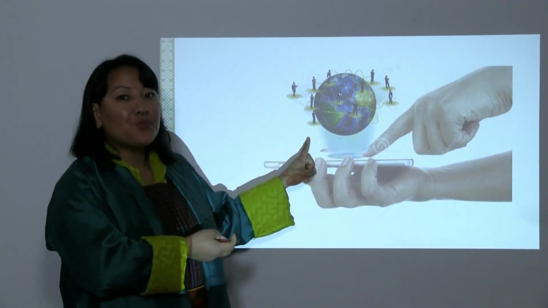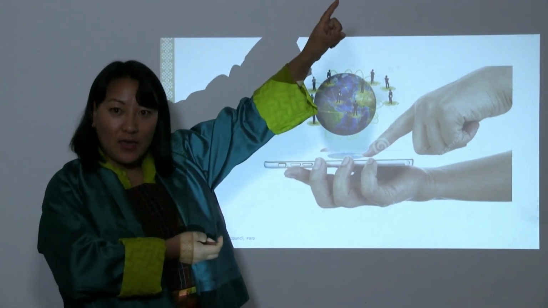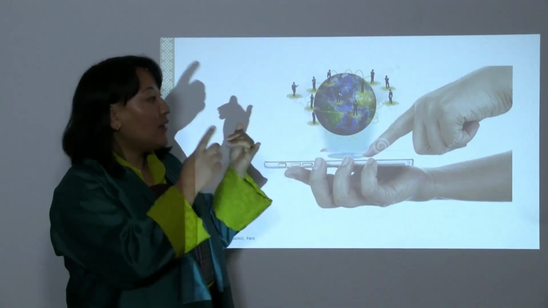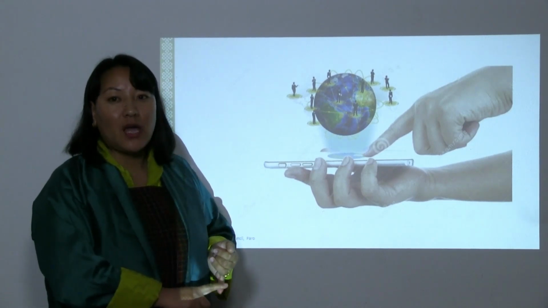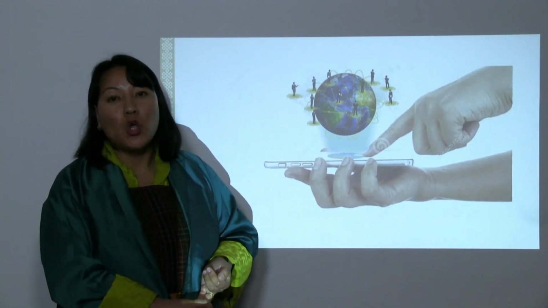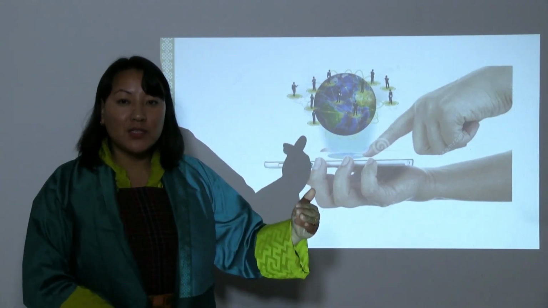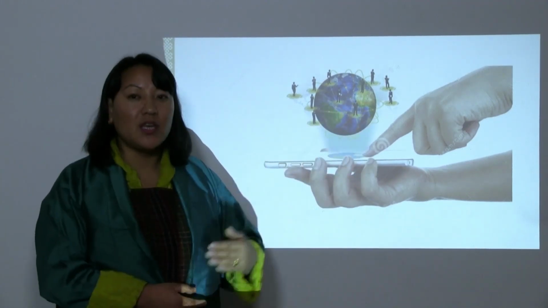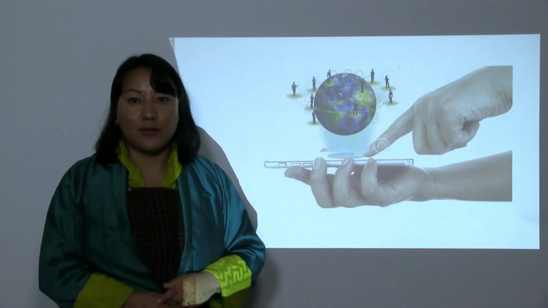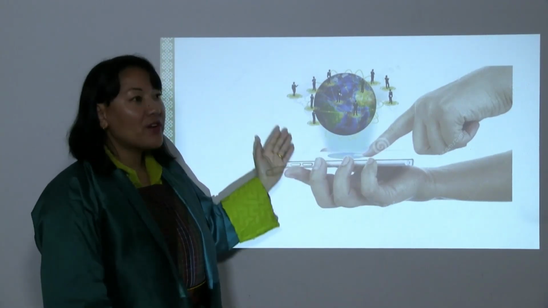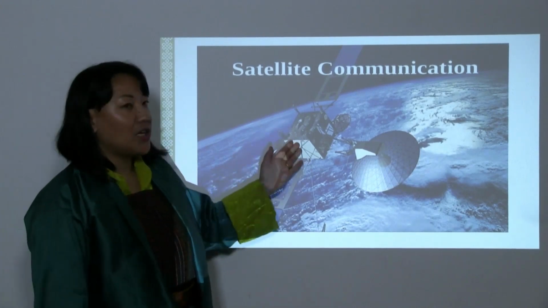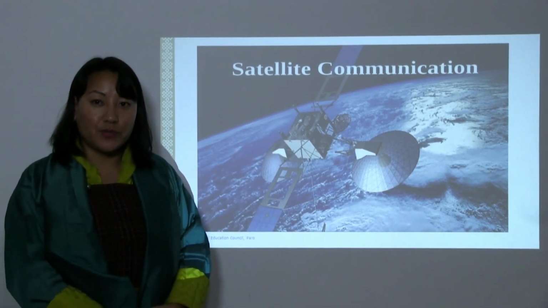The waves are propagated through sky or through ground. And this sky wave propagation and ground wave propagation were limited to a certain extent. It cannot communicate beyond certain limits. In order to overcome these limitations, satellite communication was introduced.